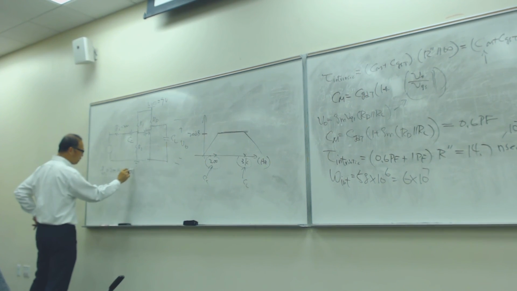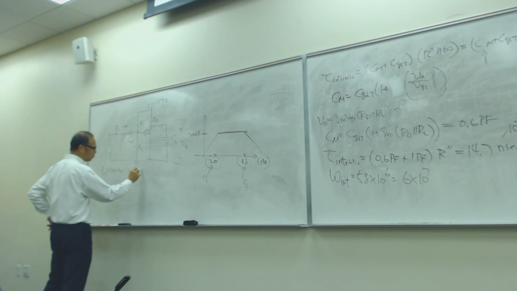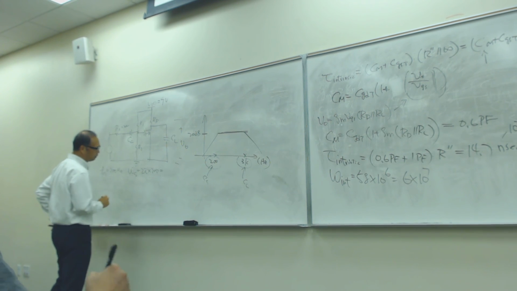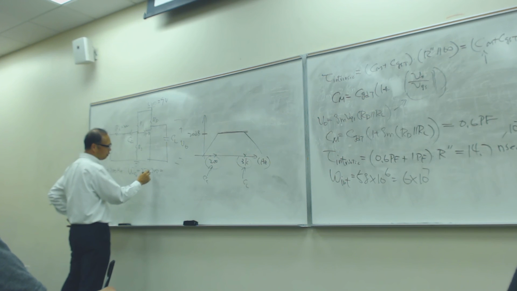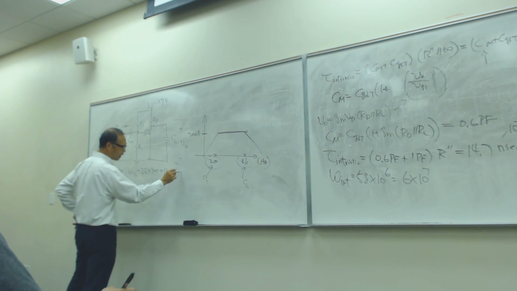Therefore, omega associated with C sub C is 2 pi times 200, about 1.26 times 1000 radians per second.